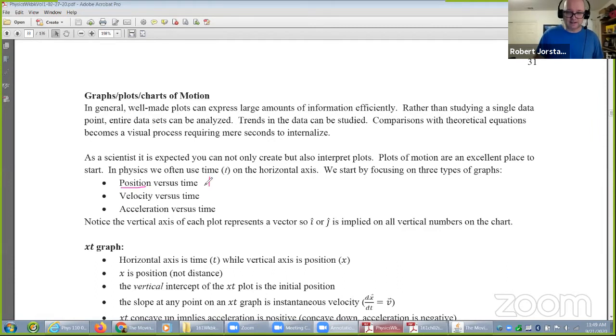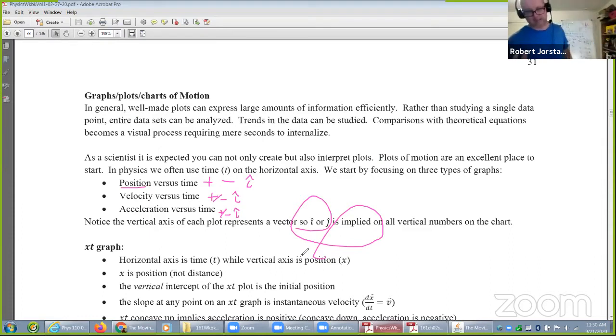You could get positive or negative positions in the I-hat. Velocity could be plus or minus in the I-hat. Similarly, acceleration could be a positive or negative number in the I-hat. We're not going to write the I-hat, but an I-hat is implied. Obviously, if we're doing things vertically, you'd have a J-hat implied.